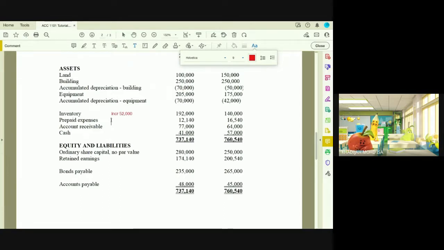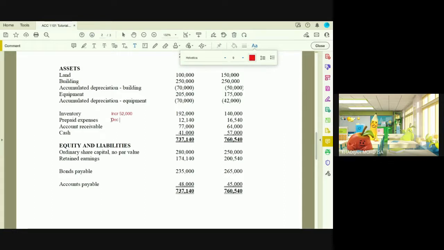Prepaid expenses, initially it was 16,540 and then it reduced to 12,140. If you want to look at the changes, normally it is the current minus the previous year. So 12,140 minus 16,540, there's a decrease of 4,400.